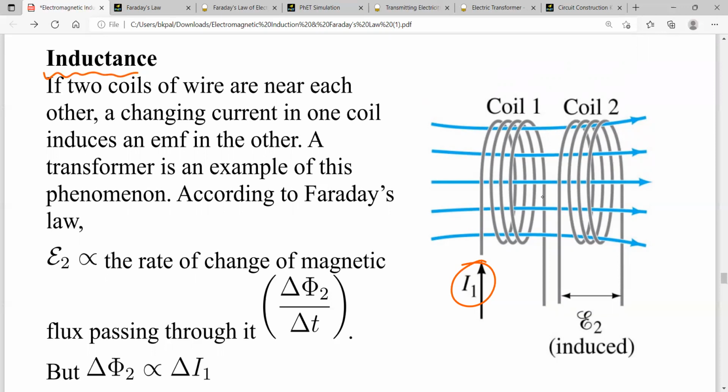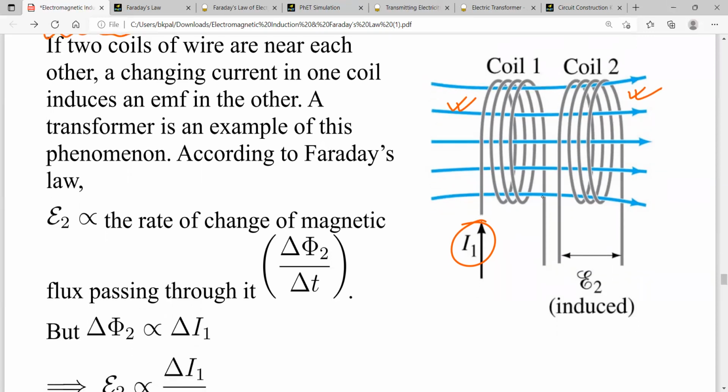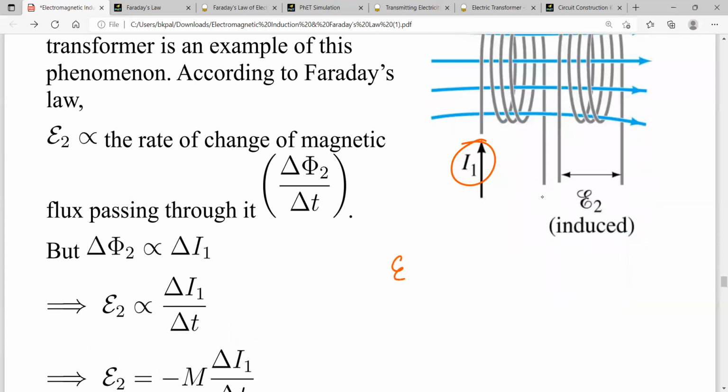It means there will be a change in magnetic flux here and here also, and this magnetic flux will induce some EMF. Now let's try to understand the EMF in the second coil. What is the induced EMF in the second coil? The induced EMF in the second coil is proportional to basically this.